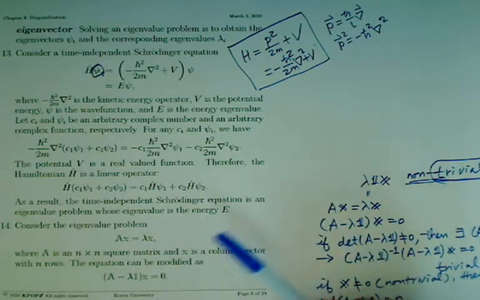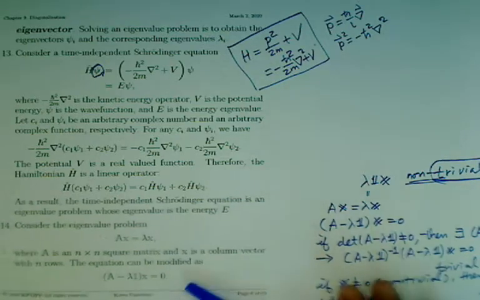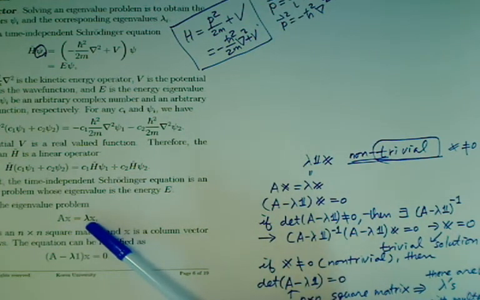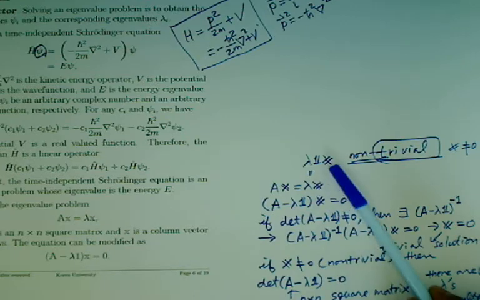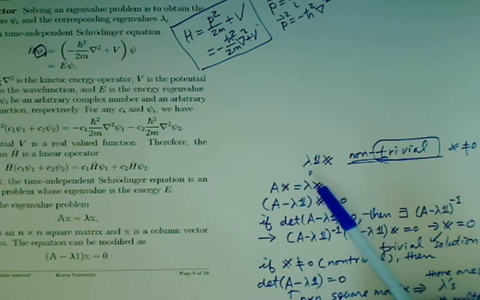Let us consider the eigenvalue problem in the matrix form. The identity can be multiplied to rewrite this. Then if I move terms to the left-hand side, this becomes a very simple linear equation. If the determinant of this is non-zero, then this matrix is invertible.